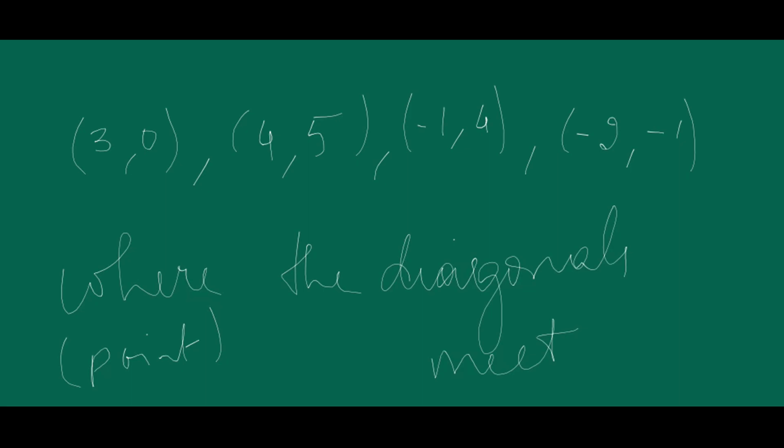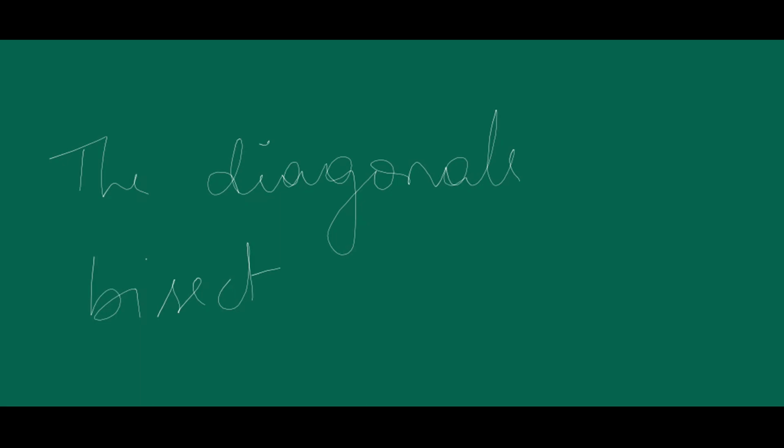What is the property of a rhombus? How does a rhombus look? A rhombus is nothing but a parallelogram, and there is a property of a parallelogram, that the diagonals bisect each other.